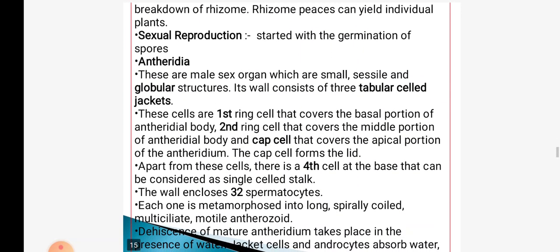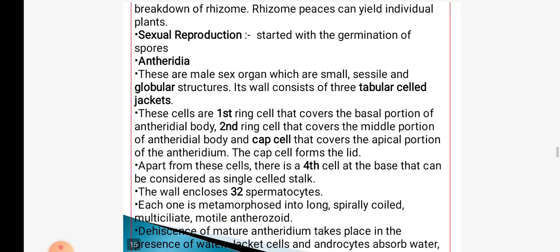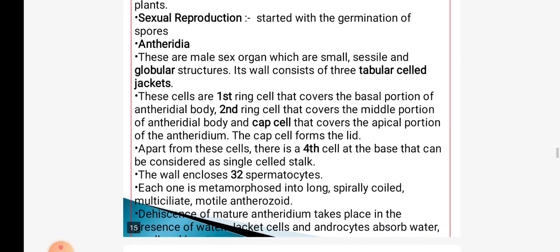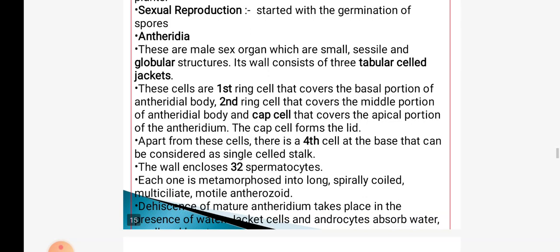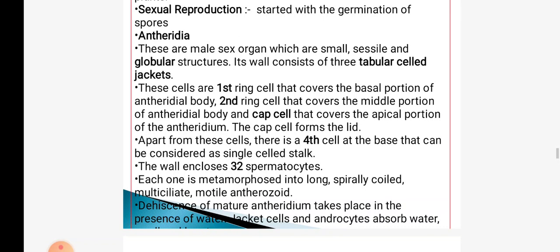The next part is sexual reproduction in Pteris. It starts with germination of spore. Antheridia are present in sexual reproduction. These are the male sex organs, which are small sessile and globular structures, consist of 3 tabular cell jackets.